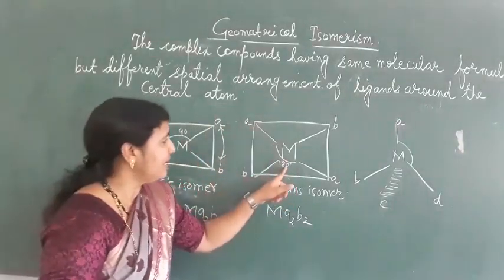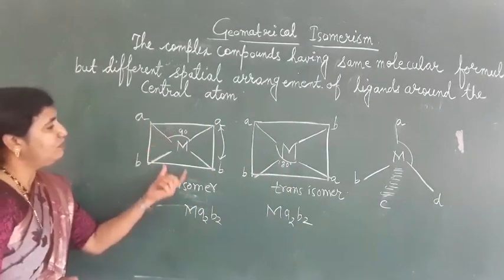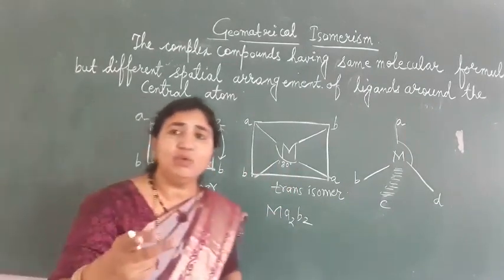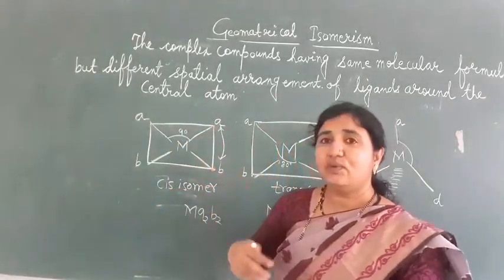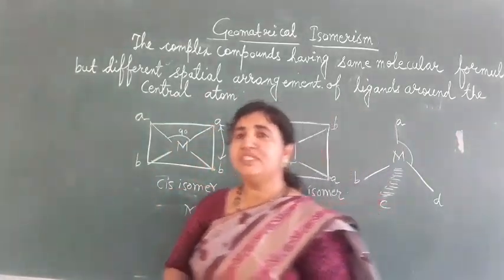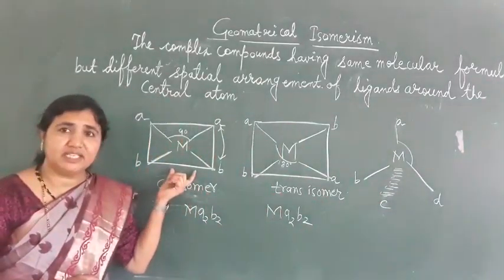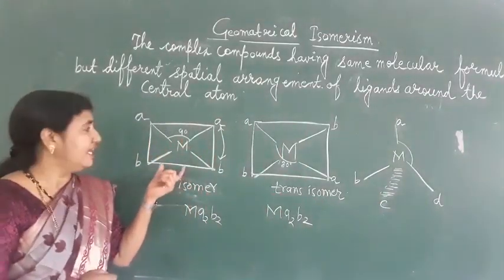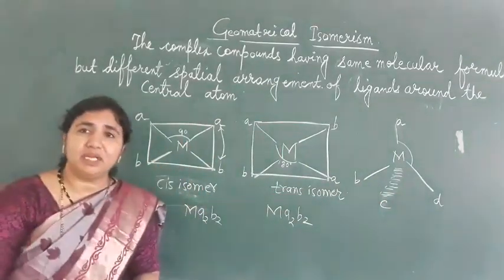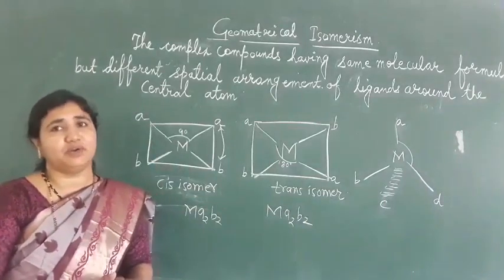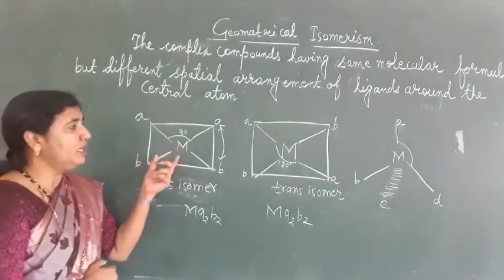So we are taking A2B2 type, with two different types of ligand. That means geometrical isomerism takes place when the compound is a heteroleptic compound.